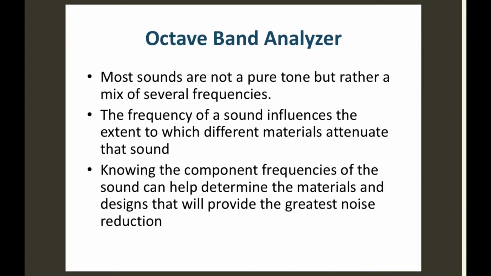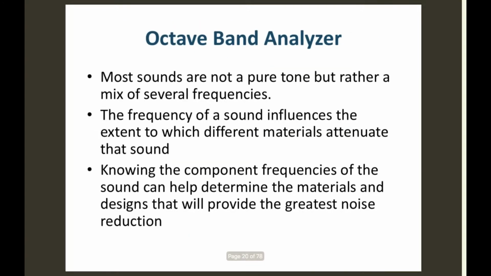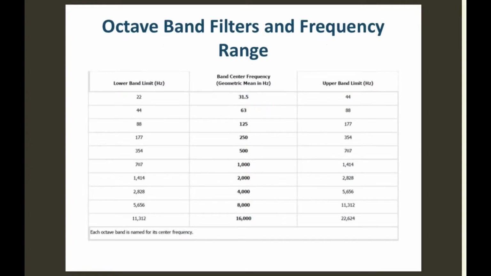Now, octave band analyzer. In some situations, and this is not necessarily in most measurements where we're trying to comply with the OSHA standard, we may have devices that produce noise that's predominantly in certain frequencies.